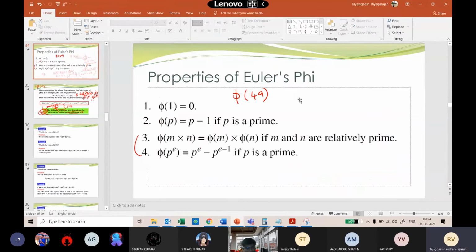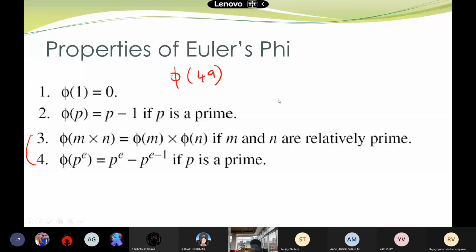I'm not sure if you looked at the solution there. How will you generally try to do this? I could express this as 7 into 7 and directly use the third property. Can I do that? You can't, because these two are not relatively prime; the GCD will be 7.